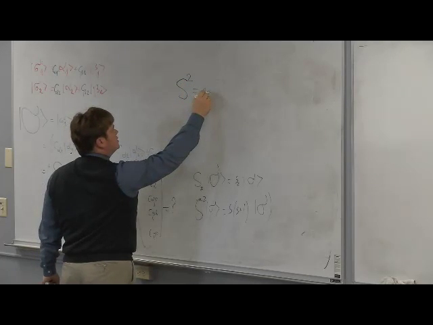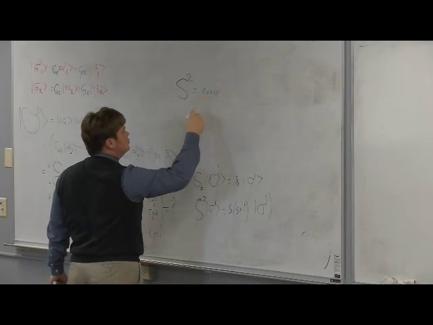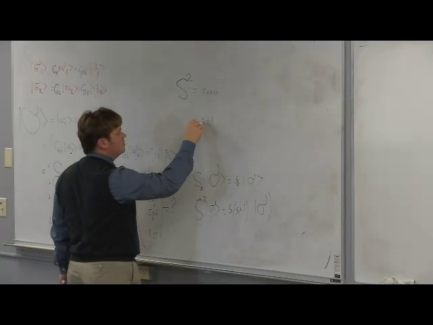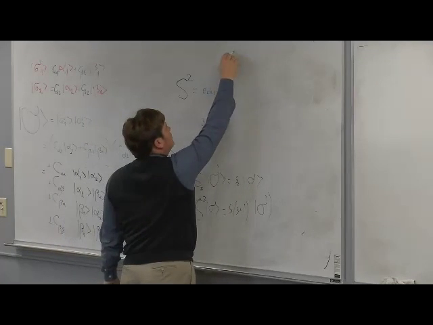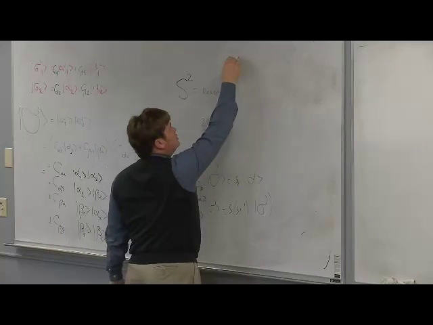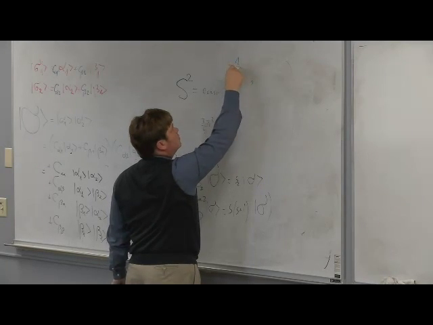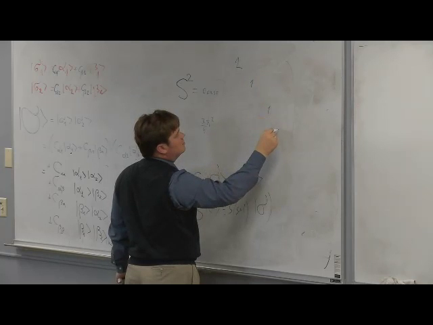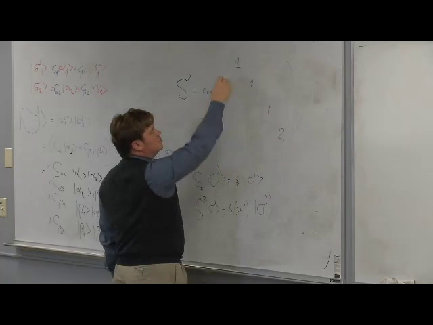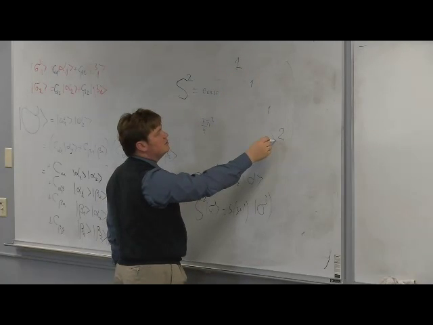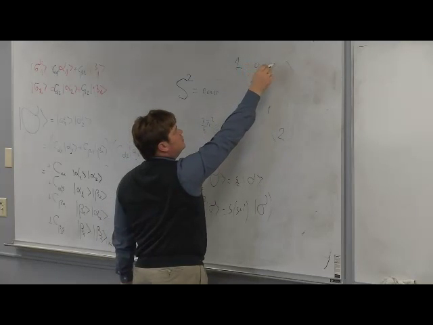So I'm skipping the constant, which will be like h-bar squared, and the diagonal elements will be zeros.